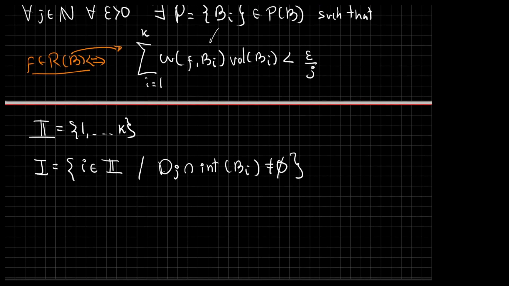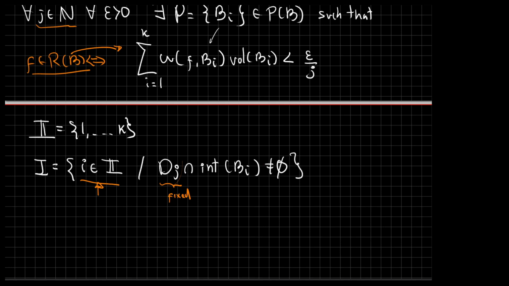You know that this is fixed because we choose one natural number at the beginning, and we will consider each of these indexes whenever the interior of these blocks is intersected with this set.